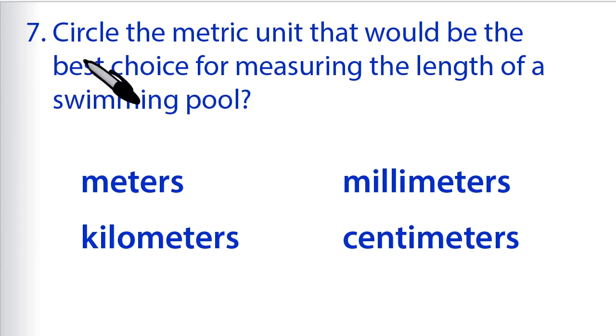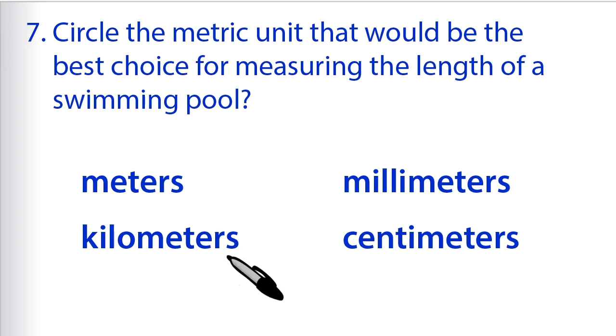For problem 7, we're told, circle the metric unit that would be the best choice for measuring the length of a swimming pool. And we're given meters, millimeters, kilometers, and centimeters. And a swimming pool's pretty big. There'd be quite a few meters to make up a swimming pool, but it would be a reasonable number. It wouldn't be a huge number. That'd be good. Millimeters are really small compared to a swimming pool, so you'd get an enormous number.